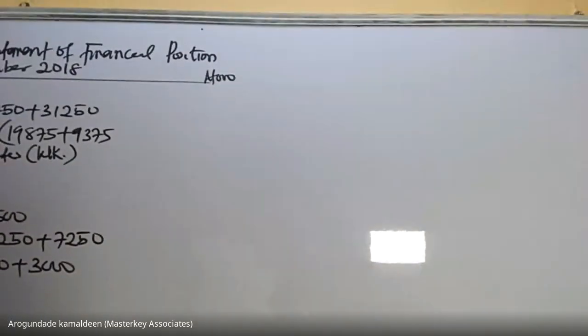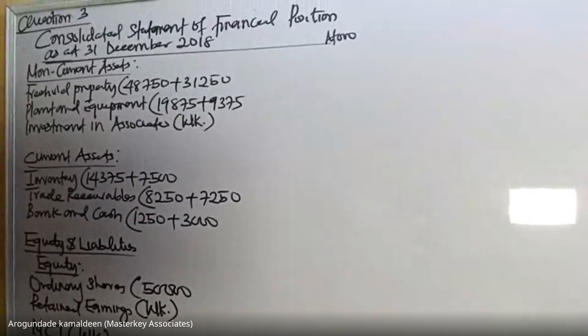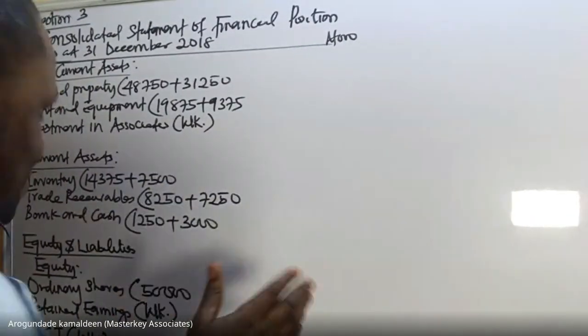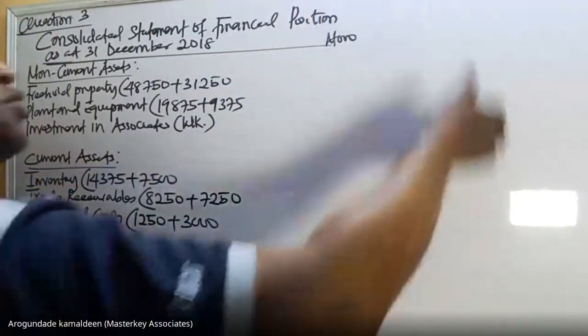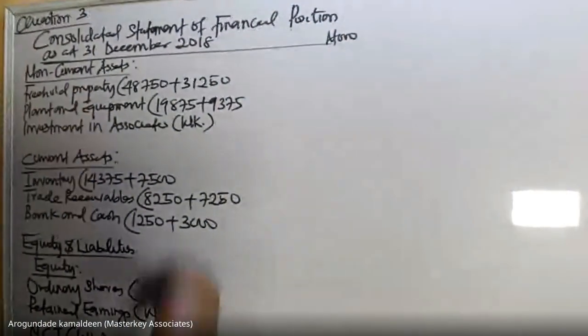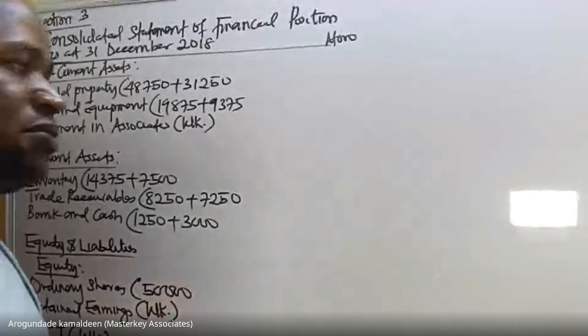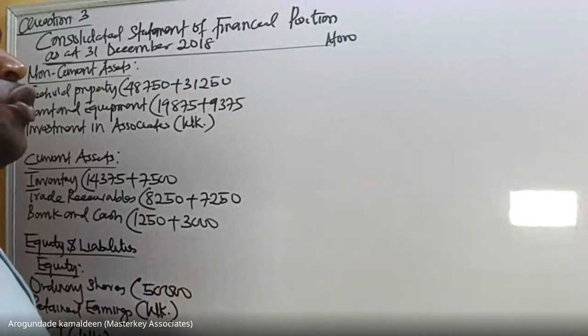Determine the group structure. The only thing different here is the associate. You have no business adding the associate's assets, because you don't have control over it.